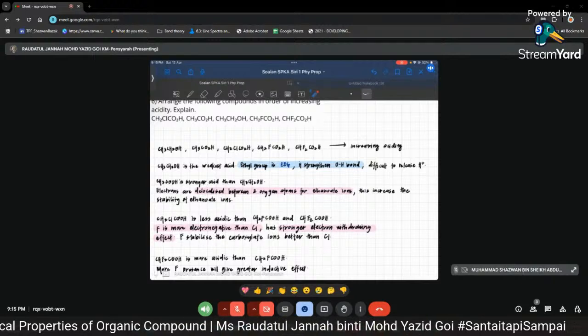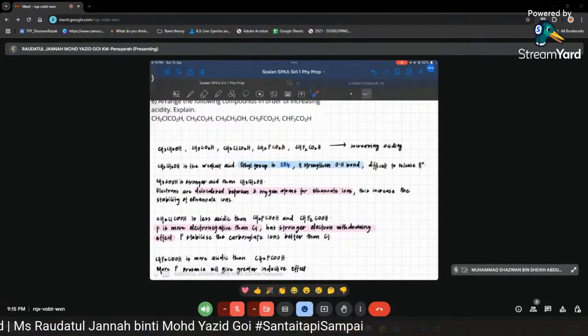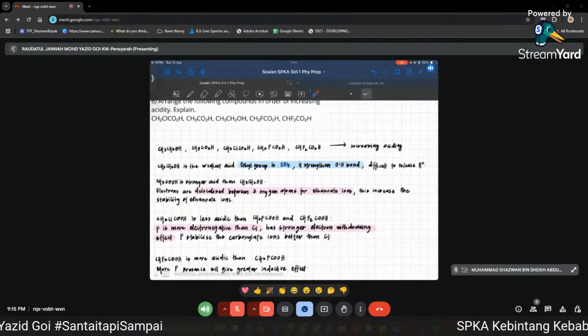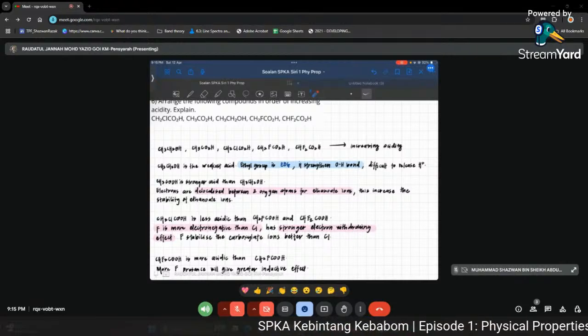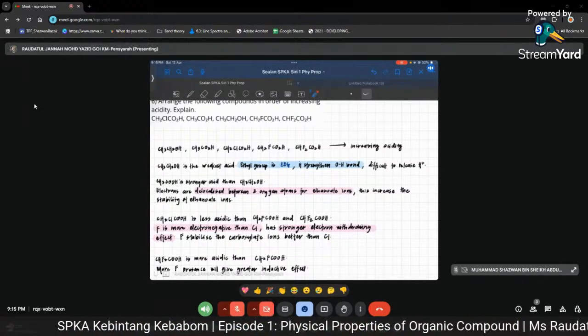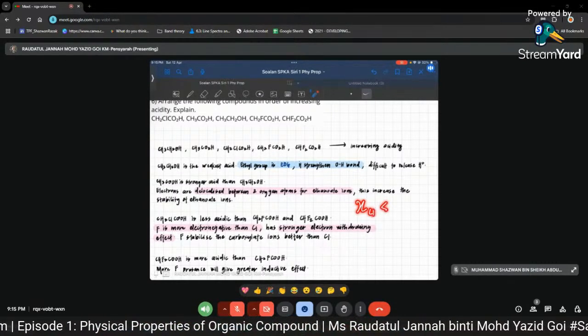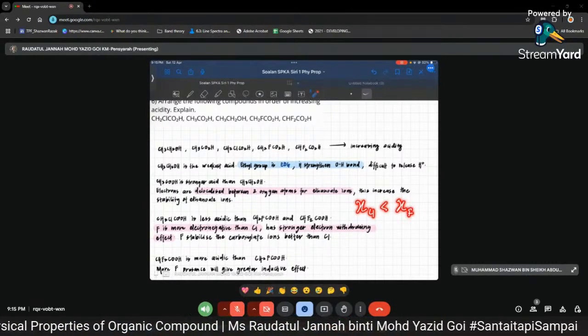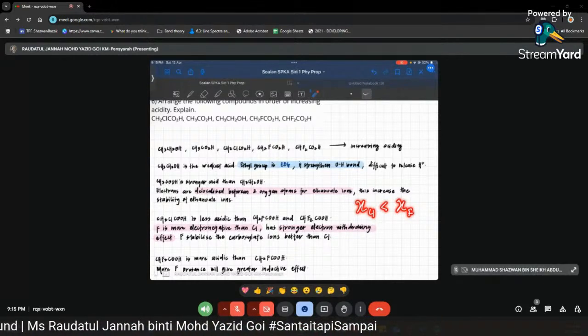And bila mana kita nak consider the rest of the three structure yang kita ada, so macam yang kita dah tengok tadi, the rest three, semua tu ada attachment with electron withdrawing group. Okay, but then again, one of them use chlorine. Okay, so bila mana you ada chlorine, and macam yang kita dah go through tadi, chlorine is less electronegative than fluorine. So that's why electron withdrawing ability untuk fluorine better.